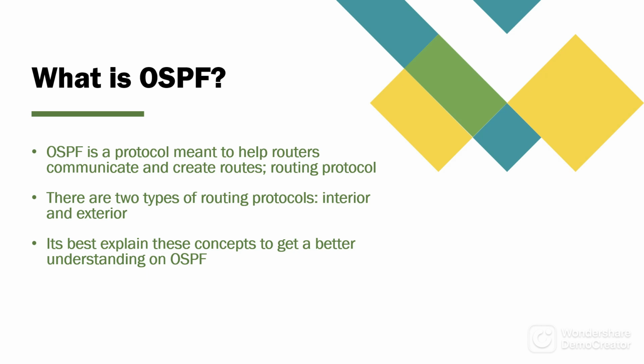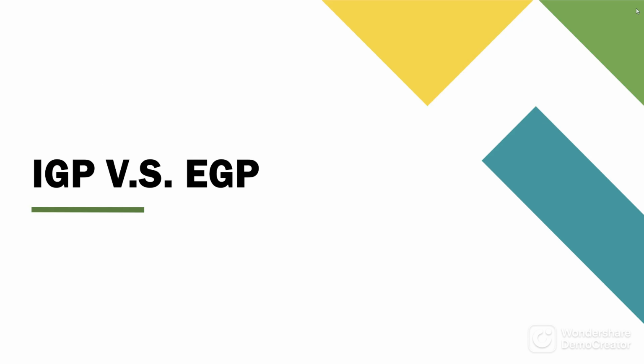In the world of routing protocols, there are actually two kinds for different cases. These are interior and exterior. To get more of a well-rounded view on OSPF, it's best to explain these different types of routing protocols. Both interior and exterior can be shortened into IGP and EGP, respectively.